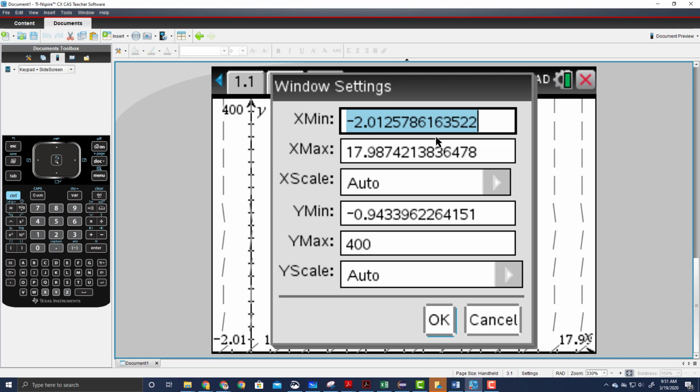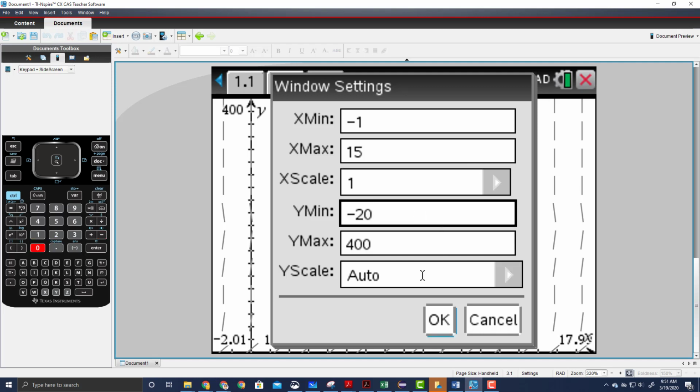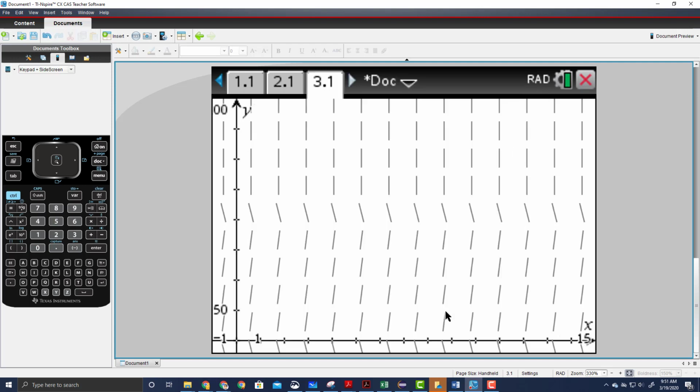Let's say my X min, we'll say that's -1. That's fine. We'll go to 15 years. We'll make my scale 1. My Y min, I'll make like -20 to give us a little headroom, and then my Y scale, I'm going to make that 50, and let's see how that turns out. All right, that looks pretty good.